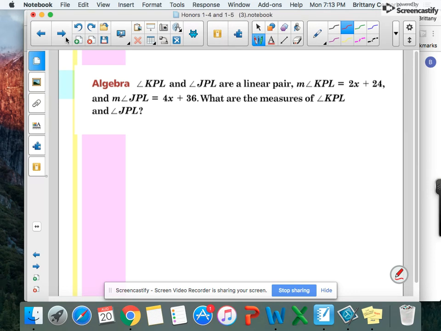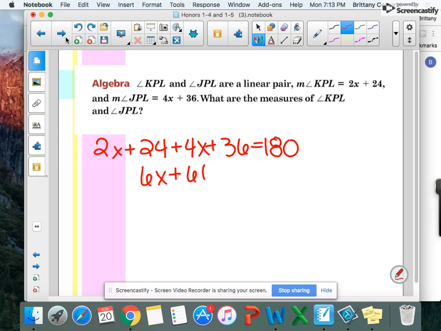So we are going to write 2x plus 24 plus 4x plus 36 equals 180. Same concept as the last problem, combine like terms, we get 6x plus 60 equals 180. Subtracting 60, we get 6x equals 120, and dividing by 6, we get x equals 20.